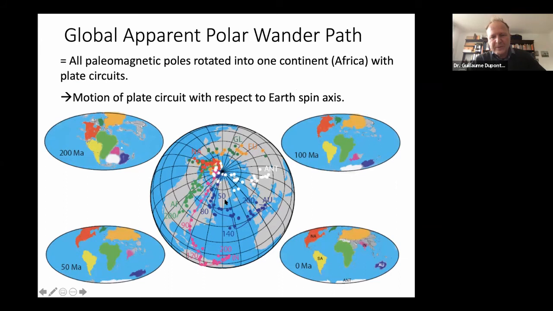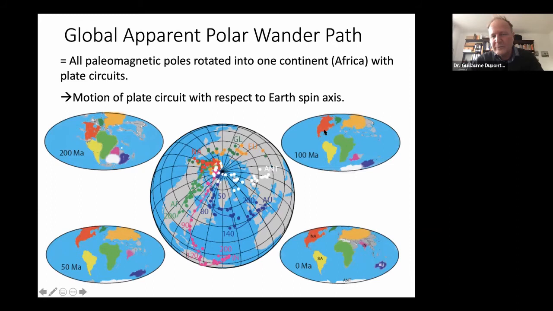Because we know the motion of the plates with respect to each other, we can take all of this data from each continent back to 180 million years or so, when we know the motion of the plate, and put all this data together by rotating it into one continent. Usually we use Africa, which hasn't moved so much.